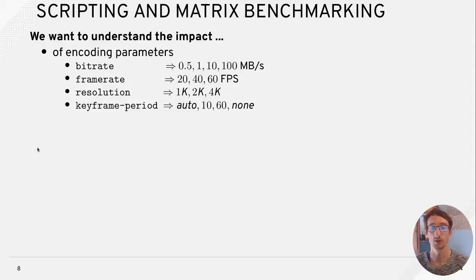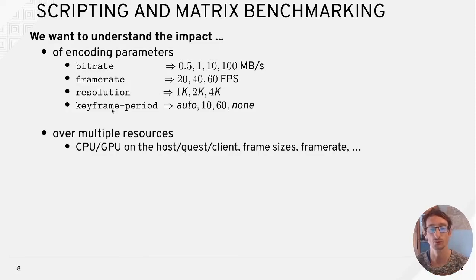The encoding parameters we want to study will be, for instance, the bit rate, how much data should be transmitted over the network, the frame rate, how many frames each second, the resolution of the screen, and maybe the keyframe period, how many full frames should be transmitted every second.